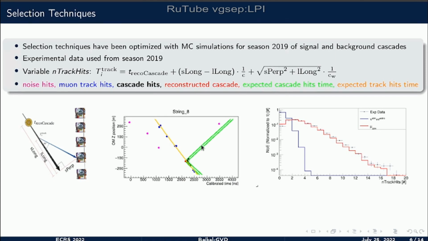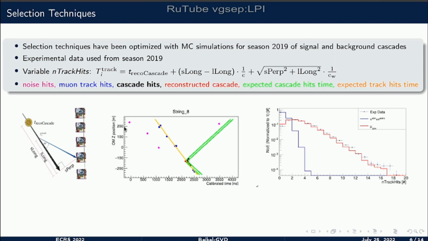The first technique which was developed is called N-track hits, and this method is supposed to find out if a track is present in the event, which is the case for the background cascade. The result of this method is the number of track hits present in the event.